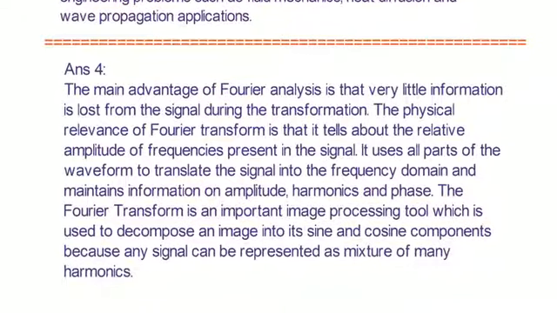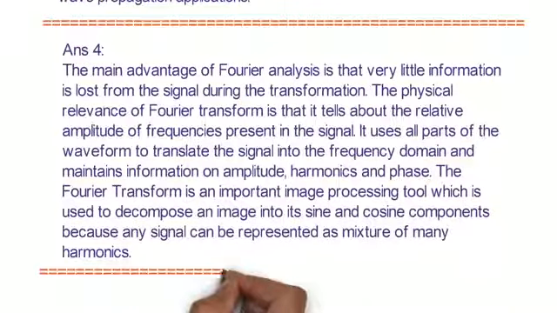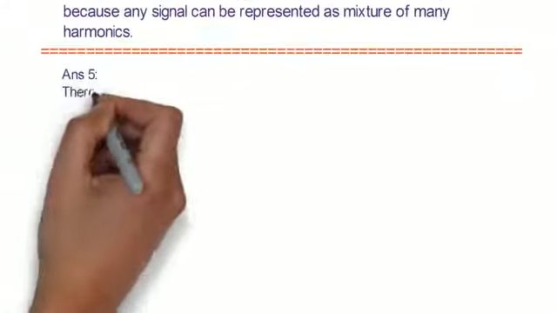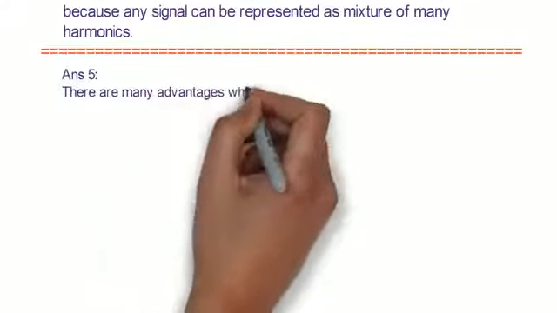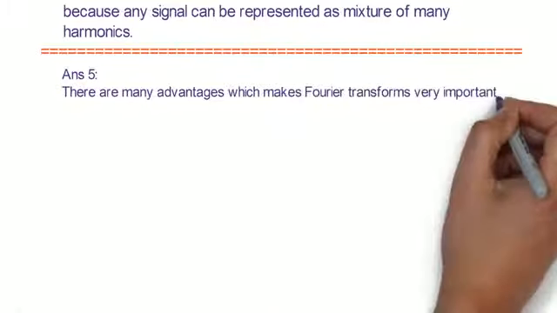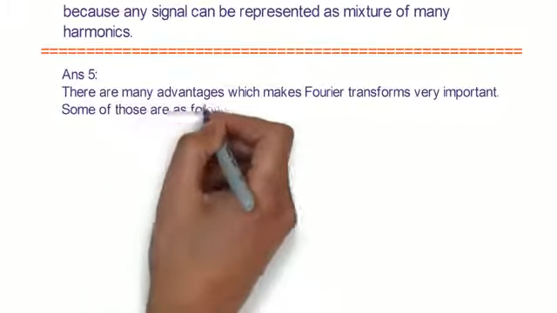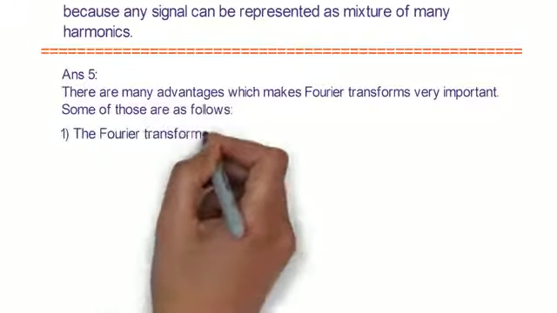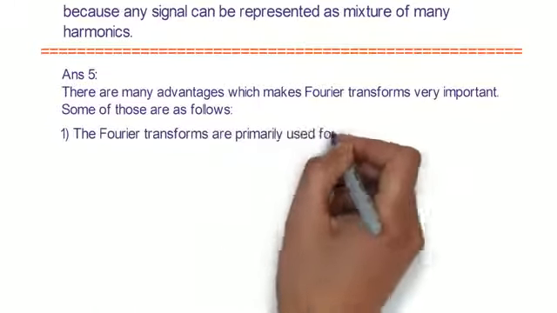Now we will study last question, what is the importance of Fourier transform? There are many advantages which make Fourier transforms very important. Some of those are as follows. The Fourier transforms are primarily used for steady-state signal analysis.